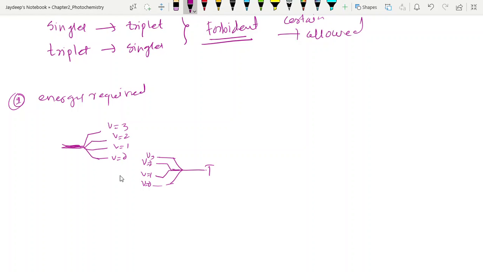This is singlet, this is S1, this is T1, right? So one of the vibrational energy levels from the singlet state has equal energy with any one of the vibrational energy levels of the triplet. Suppose this V0 from the singlet becomes equal to the V3 of the triplet state.